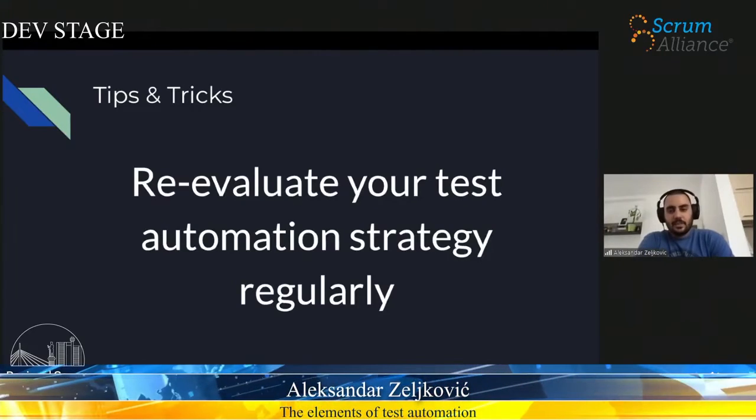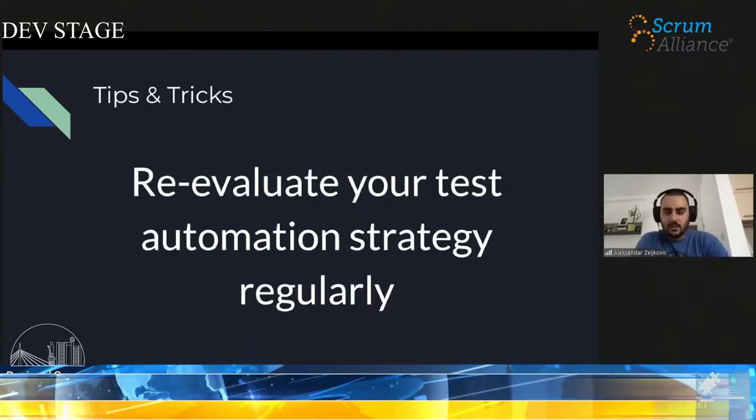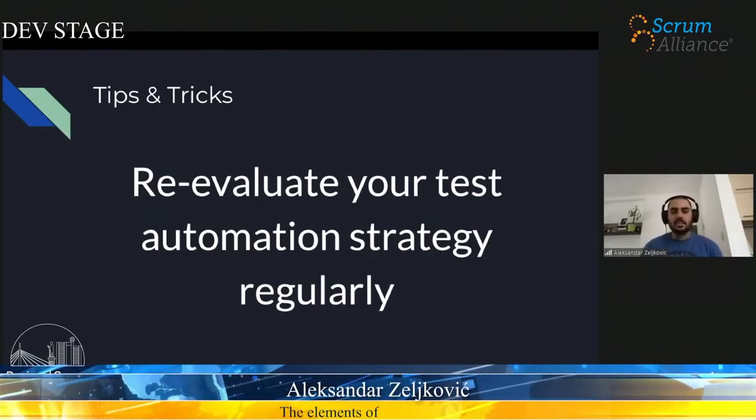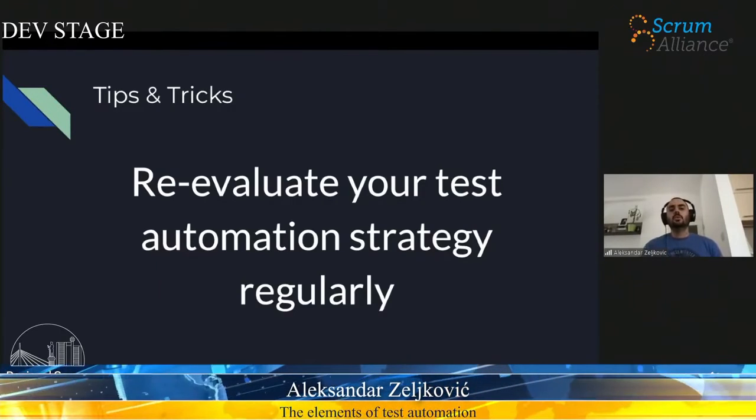Next, reevaluate your test automation strategy regularly. So as your project goes on, the circumstances are changing. The market is changing, your product is changing, tools are changing, technologies are changing, people are changing in your project as well.